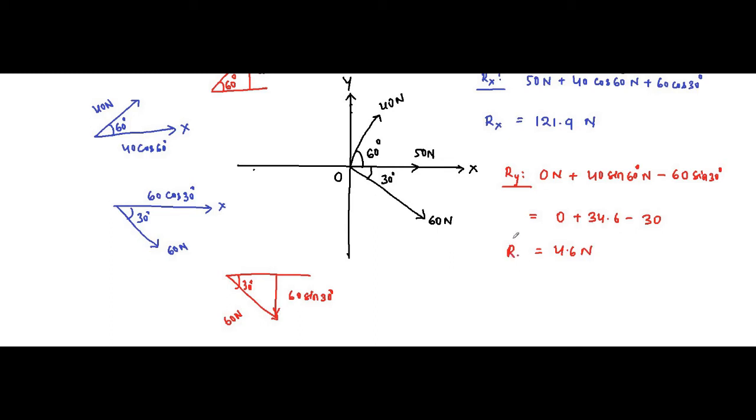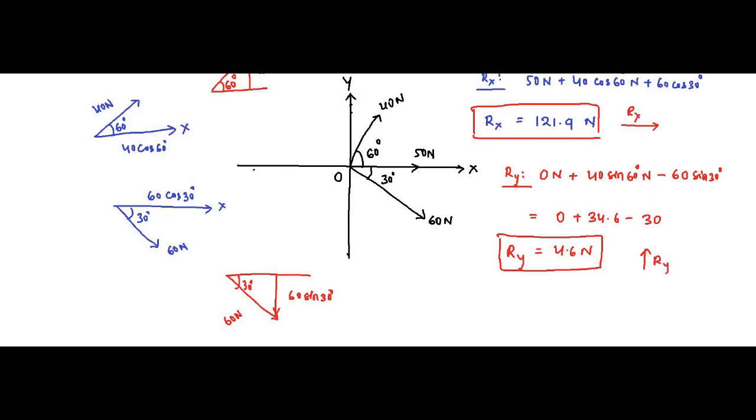That is the y component. So we have got the x component and the y component. The y component is coming positive, so it means that it will be acting upwards. The x component is coming positive, so it will be acting along the positive direction towards the right, like this. This is Rx, this is Ry.